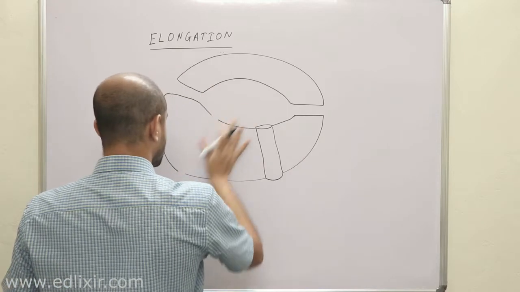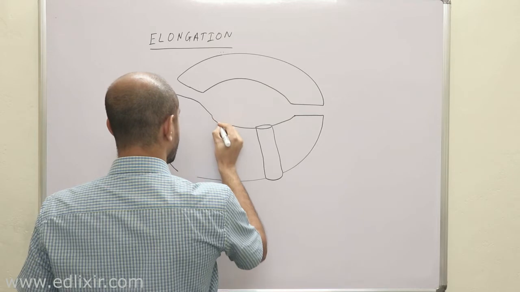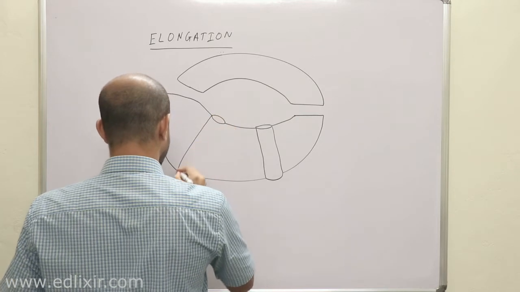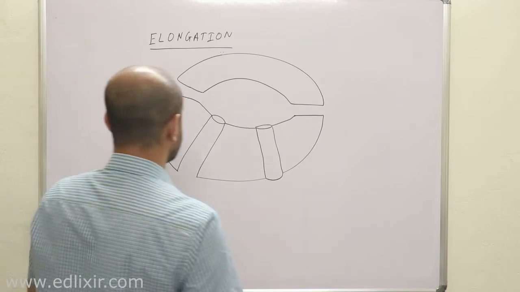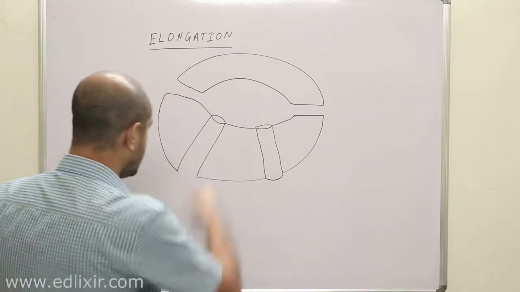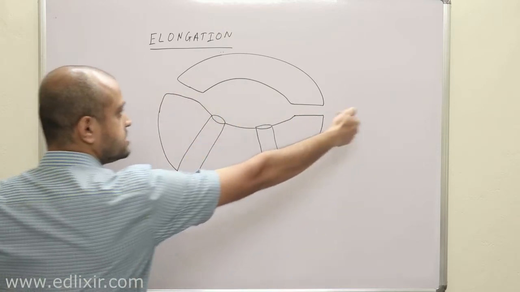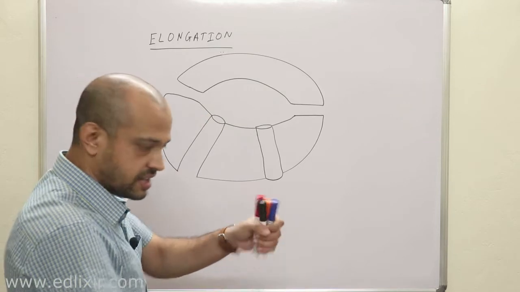This is the NTP channel from where ribonucleotides enter. Clear? Now listen, this is the NTP channel and this is the RNA exit channel. This is the DNA exit channel. This is the DNA entrance channel, right? And this is the place where unzipping of DNA occurs.